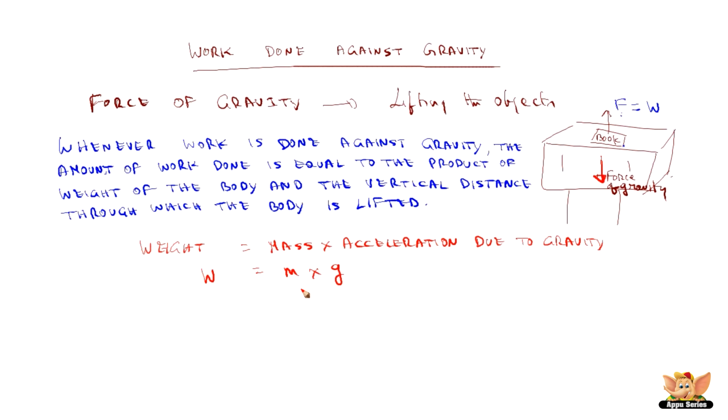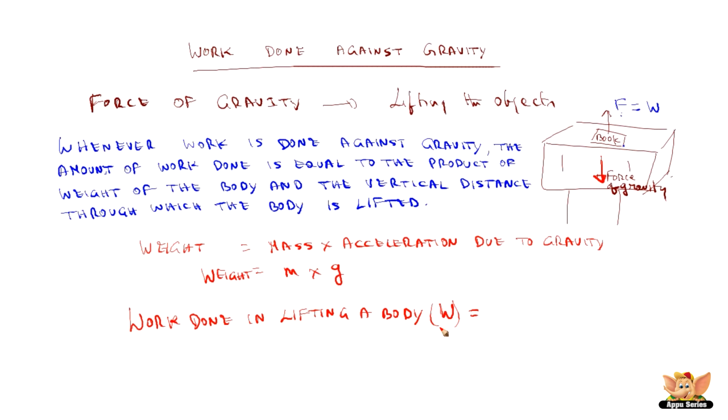Now what is the work done? We can define work done in lifting a body as W. This is also W, so to avoid confusion between the weight and the work term, we'll just write weight only.